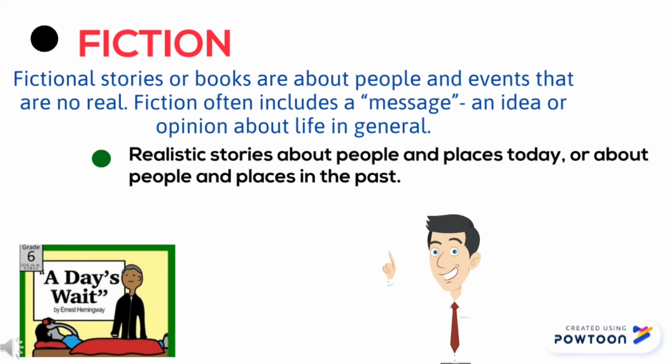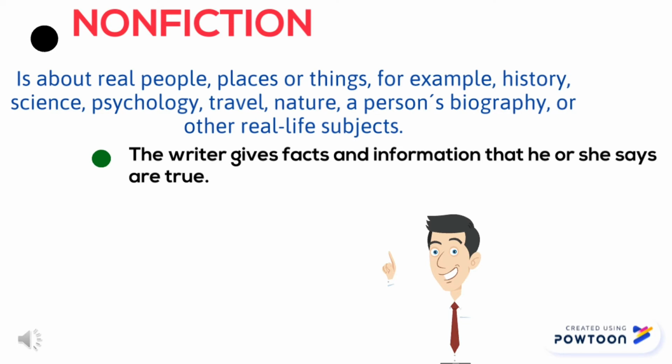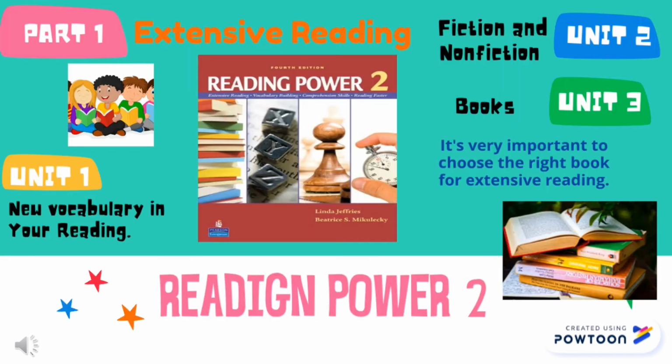Non-fiction is about real people, places, or things, for example, science, psychology, travel, nature, a person's biography, or other real-life subjects. The writer gives facts and information that he or she says are true.